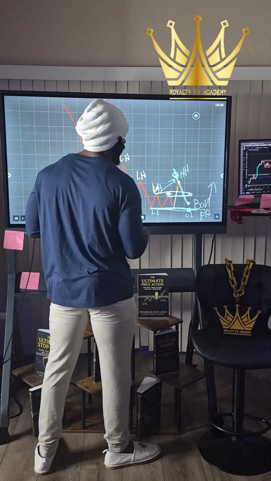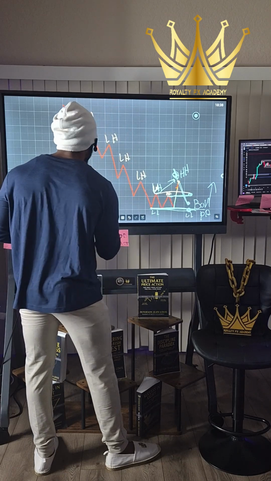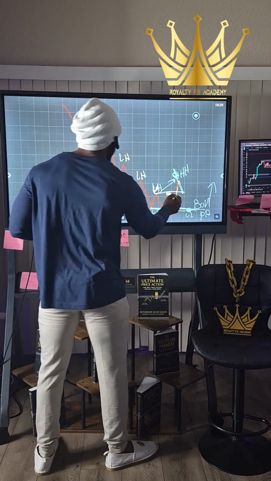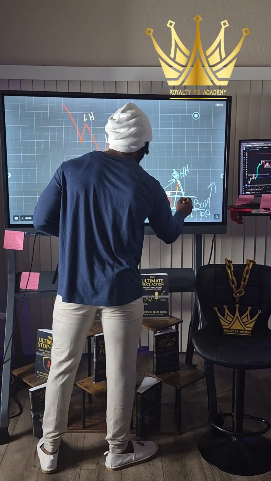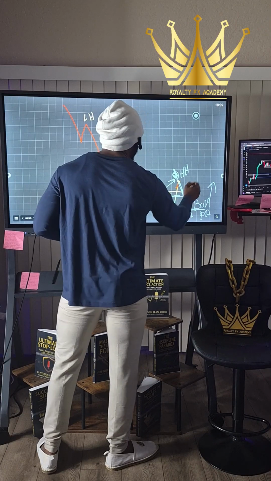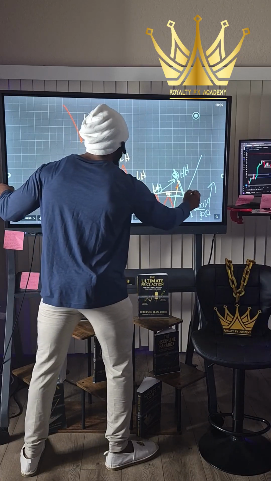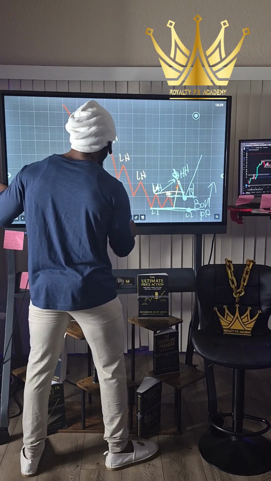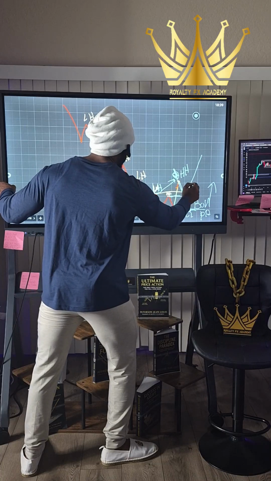Now, if the market did stop, let's do this real quick. If the market had stopped here or a little bit below, and then goes up, meaning it gives you that bullish engulfing right there, like so.